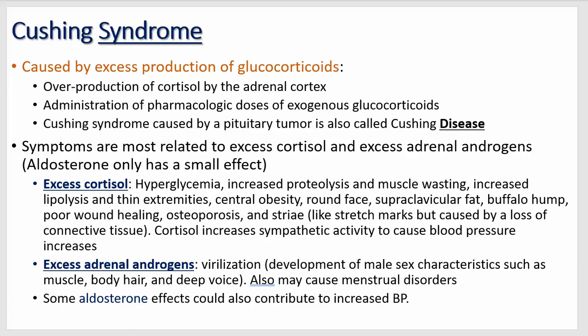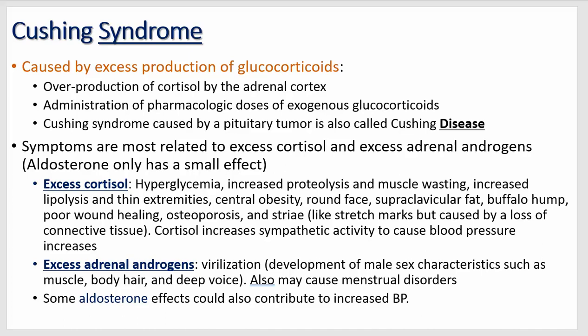There's central obesity, a rounded face, which some people call moon face, supraclavicular fat, so fat above the clavicles, and something called buffalo hump. There's also poor wound healing, which can come from hyperglycemia, osteoporosis, and striae, which are like stretch marks but caused by a loss of connective tissue. Cortisol also increases sympathetic activity to cause blood pressure increases, so you remember that.